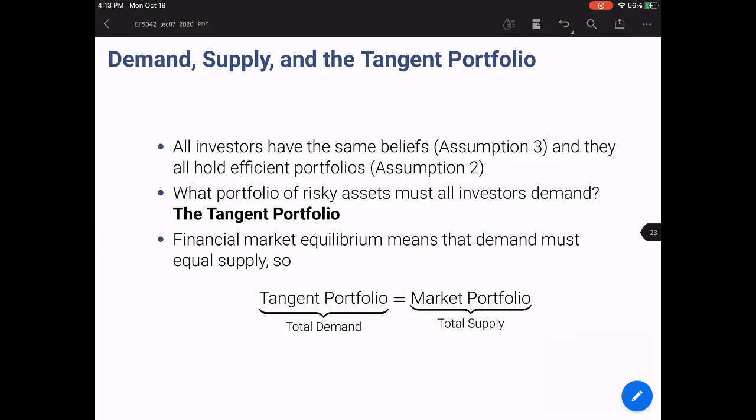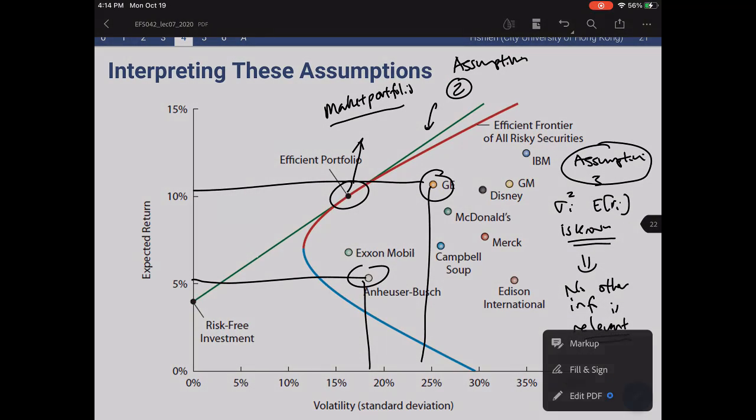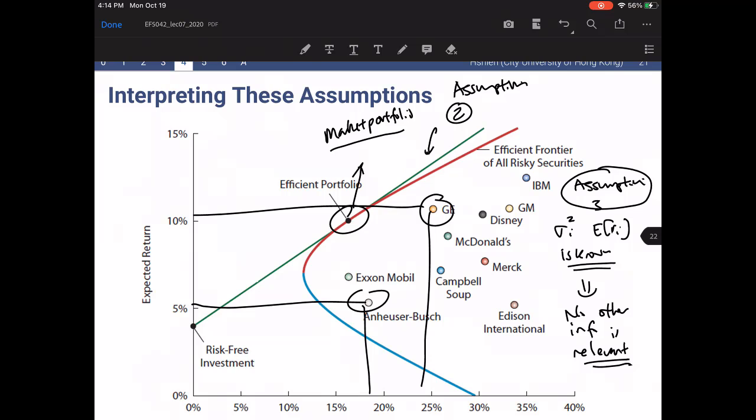Okay, so let me try to draw your attention again to the graph. Remember, Tangency portfolio literally means that there's an intersection point between this green line with the efficient frontier for risky assets only, right? There's only one portfolio that everyone should hold.